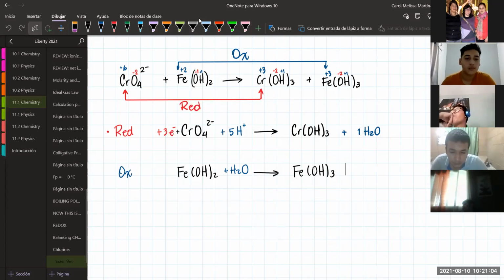Now, in the hydrogens, I have 2 hydrogens plus 2 hydrogens. That makes 4 hydrogens in total. In the products, I have just 3 hydrogens. So I need to add hydrogens where? In the reactants or in the products?